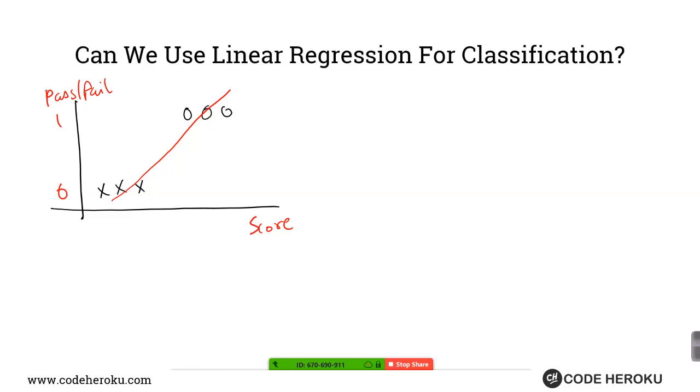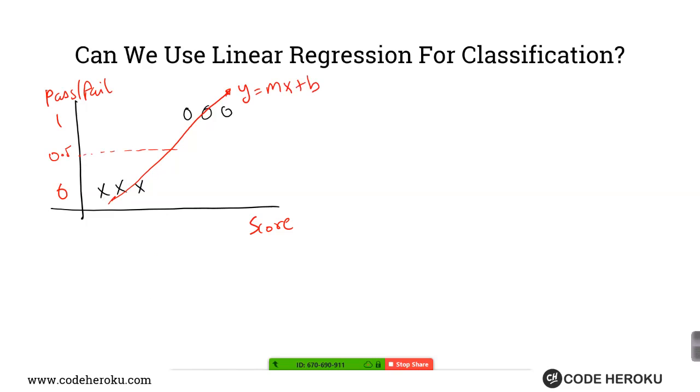Okay. So one algorithm that we can think of, can you think of a very simple algorithm based on which you can still do classification problems using linear regression? So let's say this is somewhere in between, 0.5 over here, and this is the output y equals mx plus b.